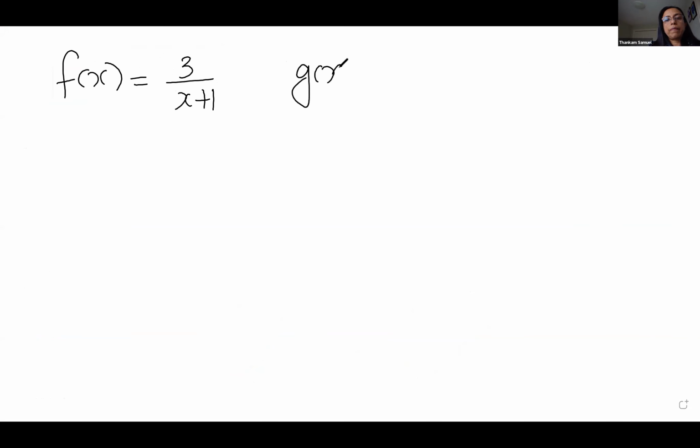So consider the functions f of x equals 3 over x plus 1, and another function g of x equals x over x minus 2.